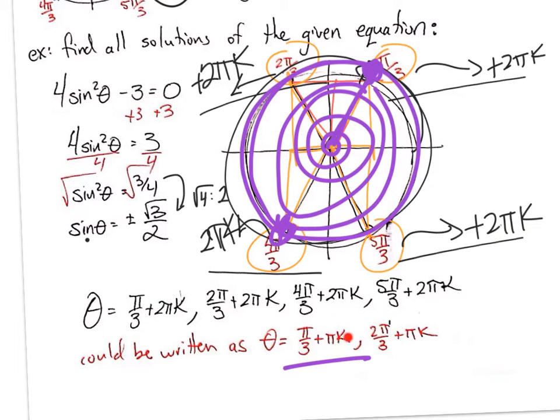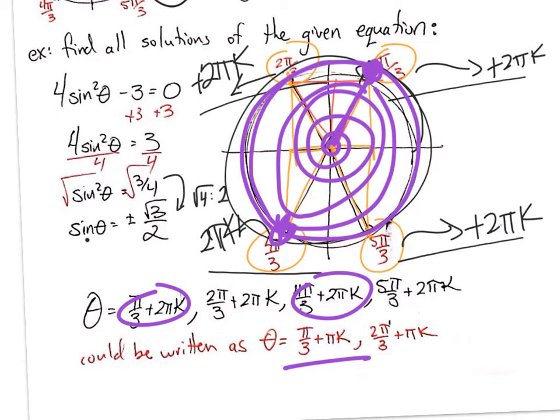So don't fall into the thinking that this is only for tangent and this is always for sine or cosine. Given these, we could write these two solutions as this. That is simpler than writing this guy and this guy.